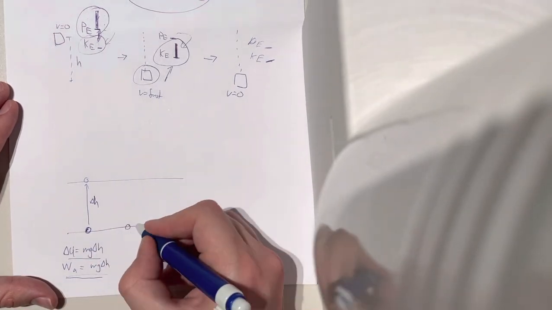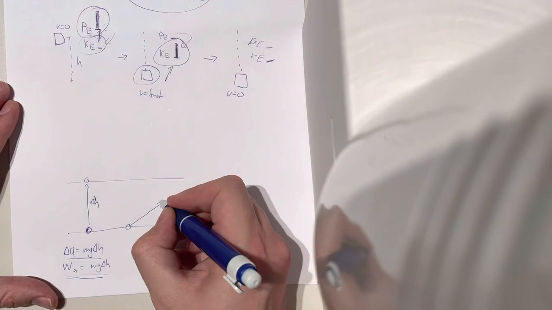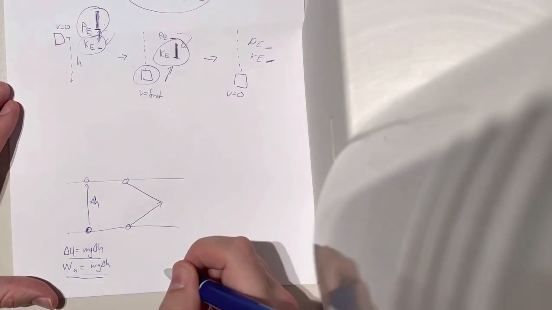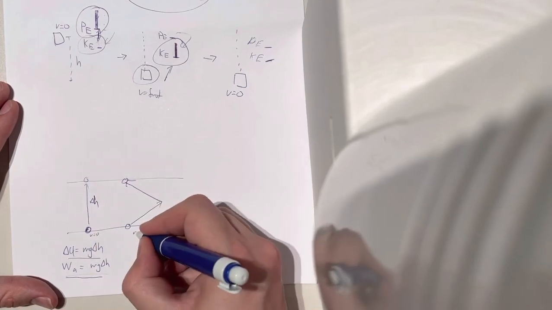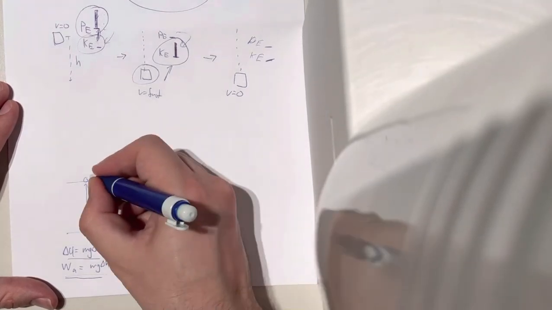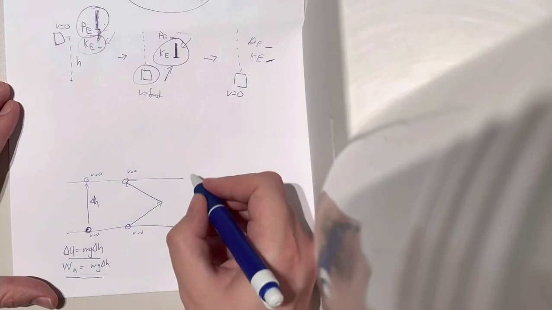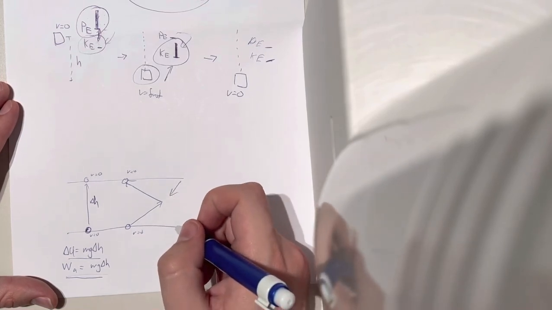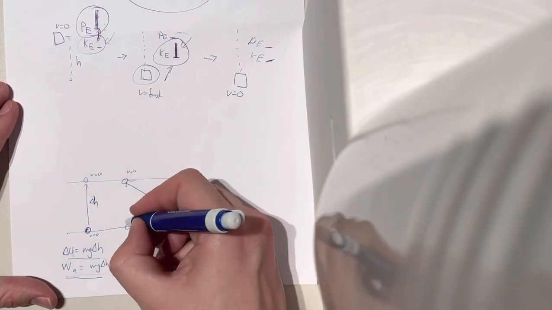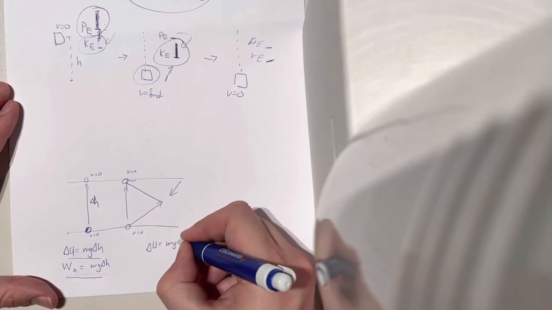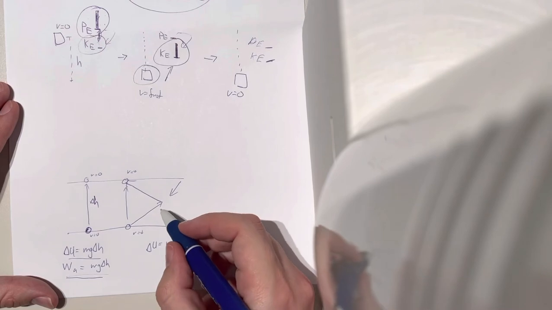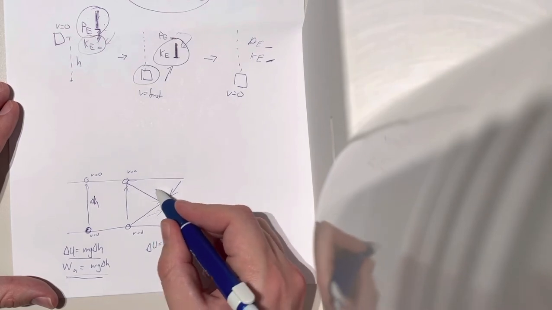Now what if I took this object and I moved it here, and then I moved it here, right? And let's say the initial and final velocities are the same. Now, you might be able to argue that more work was done here, you might not. But what you cannot argue is that the potential energy change, delta U, is still mg delta h, because the potential energy doesn't care about these sideways motions.